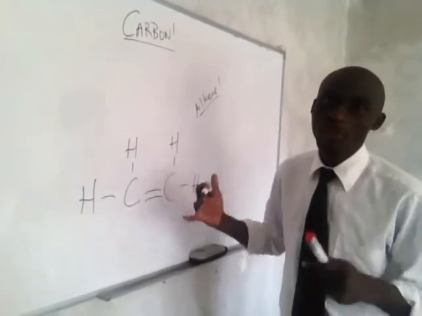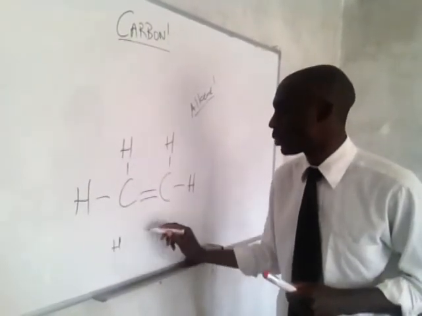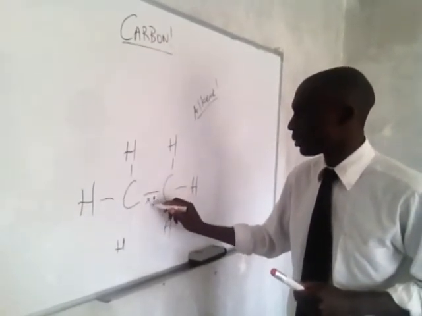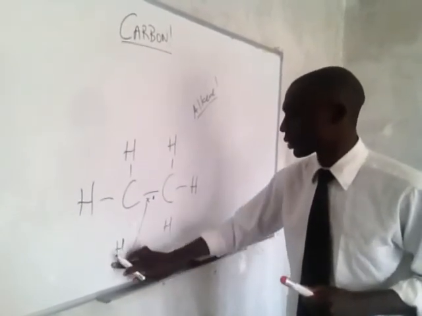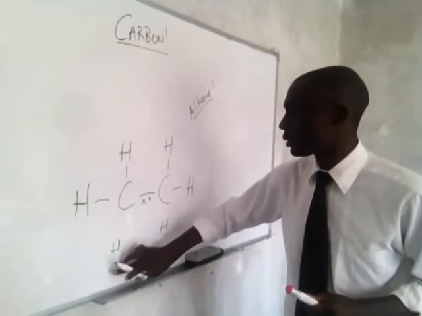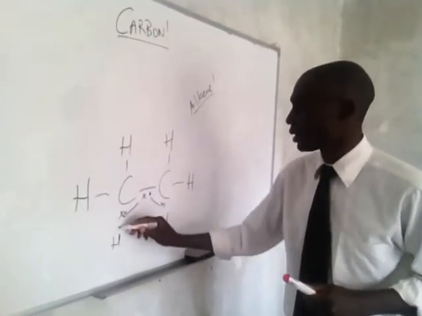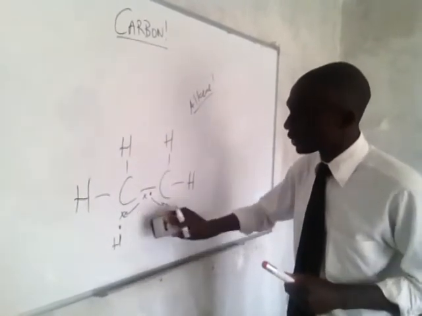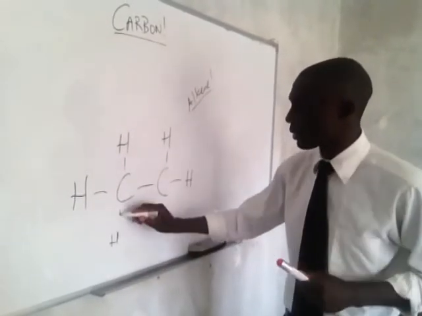Can these carbons further attach to something else? Yes, they can. We introduce 2 more here, and what we're going to do is bring this electron there. No, sorry, not there, here. We're going to bring this electron there. Donation from the hydrogens. Then you've got bonds, and you get something like that.